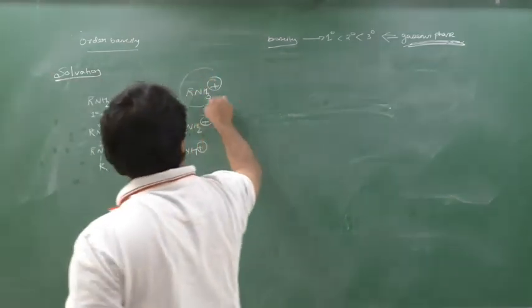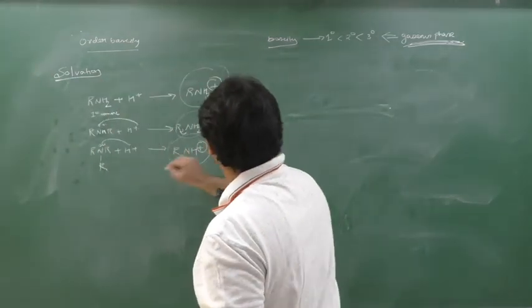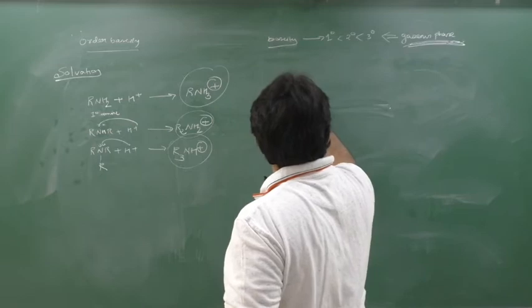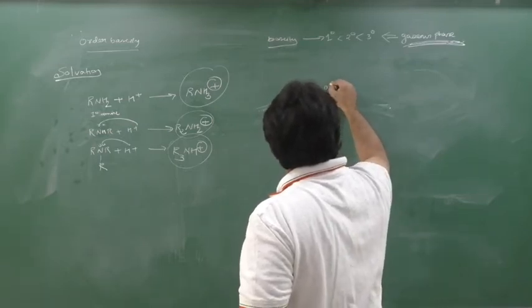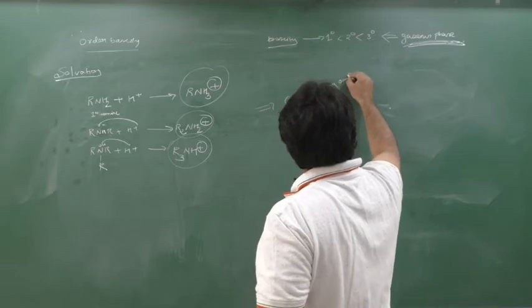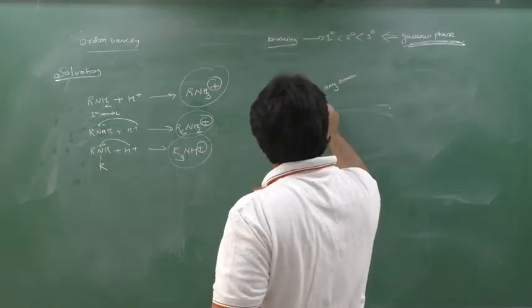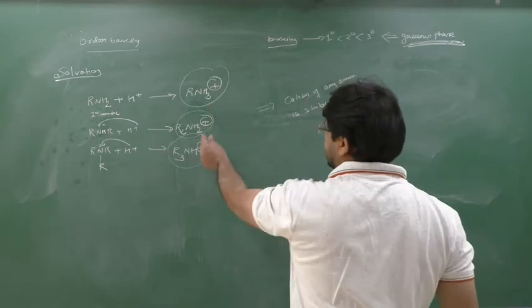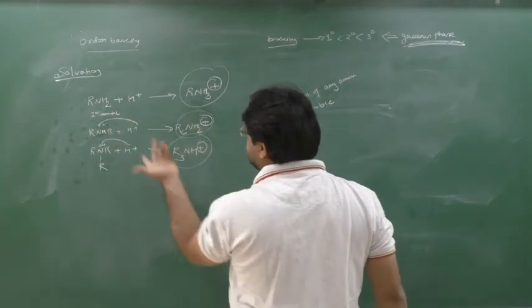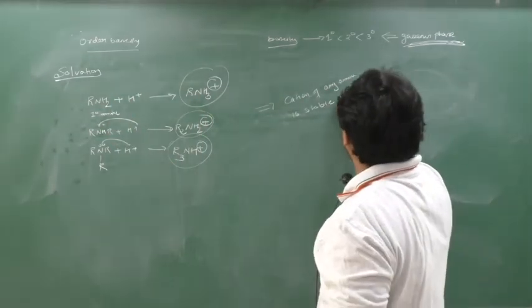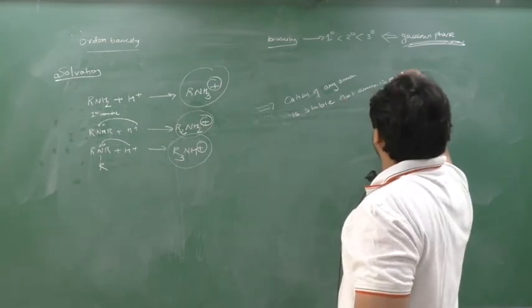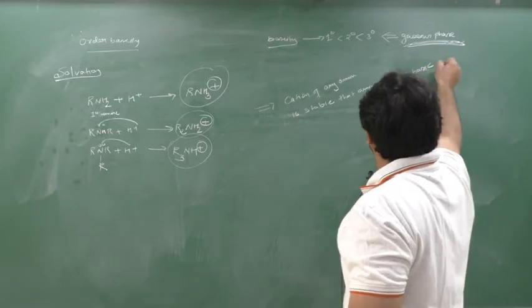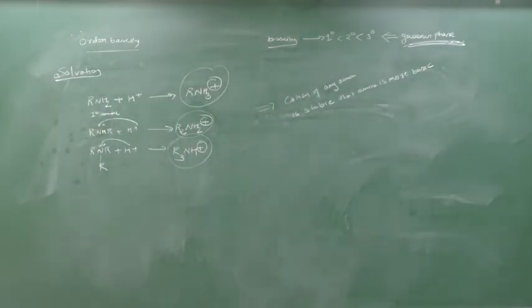Now whether this is stable or this is stable or this is stable, I can write down here: the cation of any amine that is stable, that amine is more basic. Clear this part? Now who will be more stable?